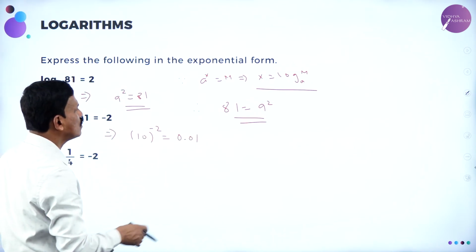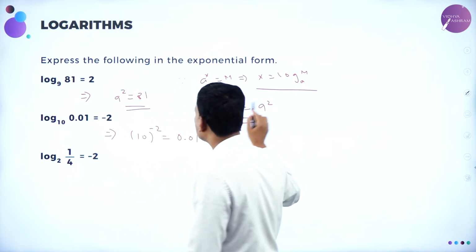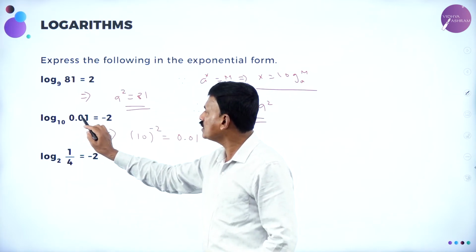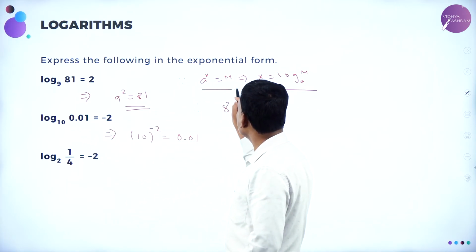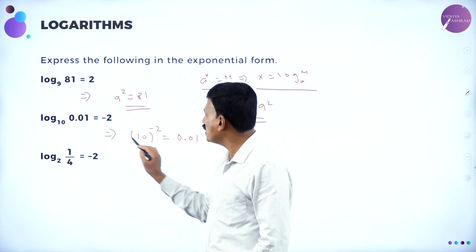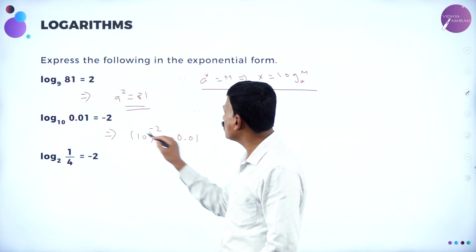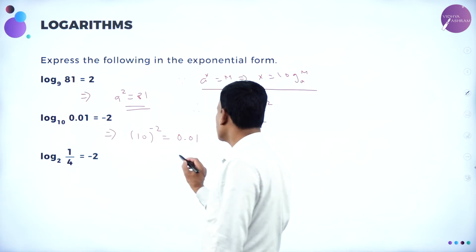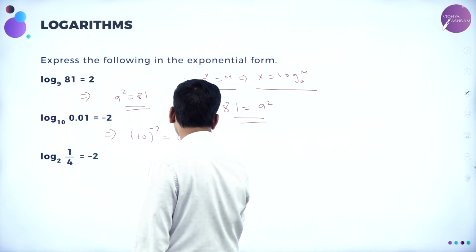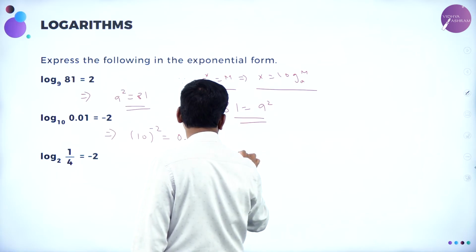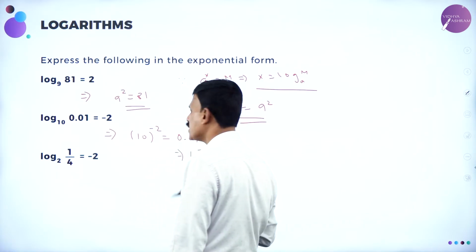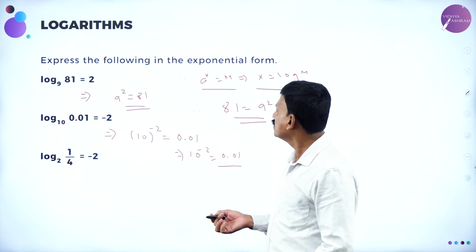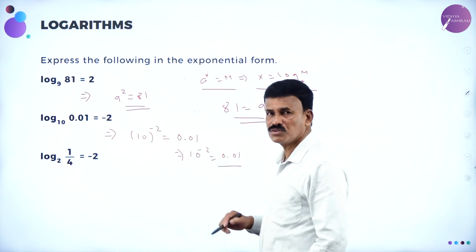So x is equal to log m to base a, which is a to the power of x: the base to the power of minus 2 is equal to 0.01. So this can be written as 10 to the power of minus 2 is equal to 0.01. Here also 9 squared is 81, that you know already.